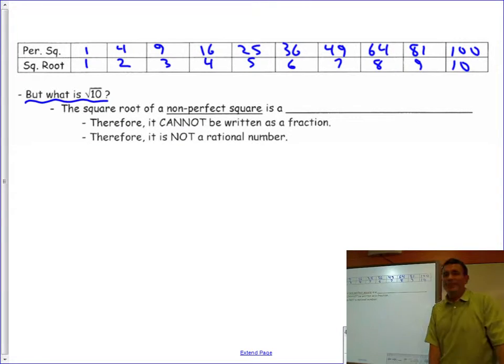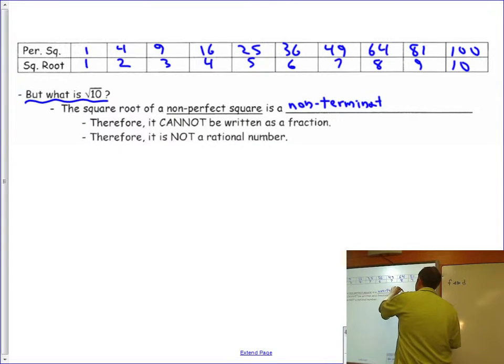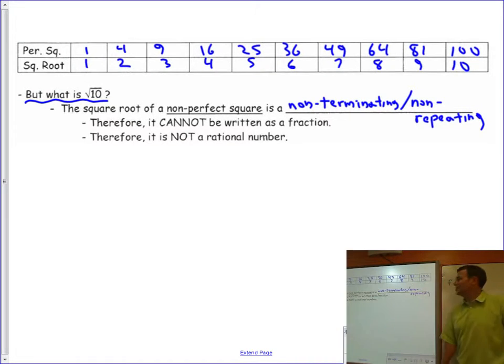But what's the square root of 10? 10's not a perfect square. What's its square root? Well, the square root of a non-perfect square is a little tougher, because you can't really think of a number that multiplied by itself equals 10. The square root of a non-perfect square is a non-terminating, non-repeating decimal.